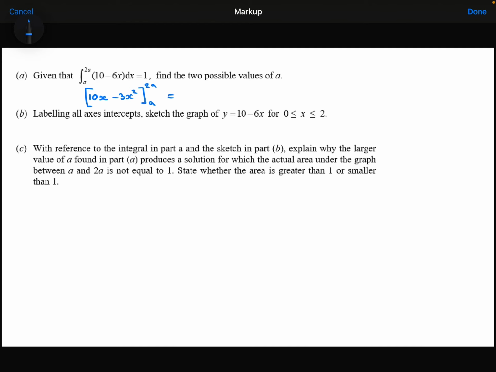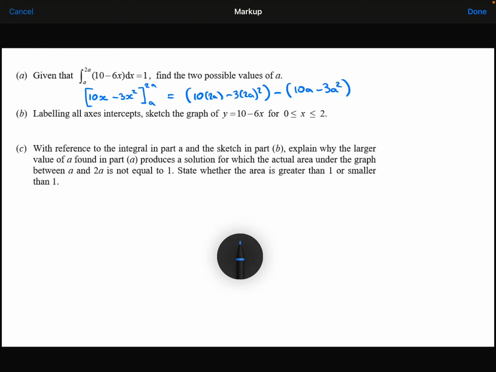So substituting the upper limit first, we've got 10 times 2a minus 3 times 2a squared. Substituting the lower limit in, we've got 10 times a minus 3 times a squared.